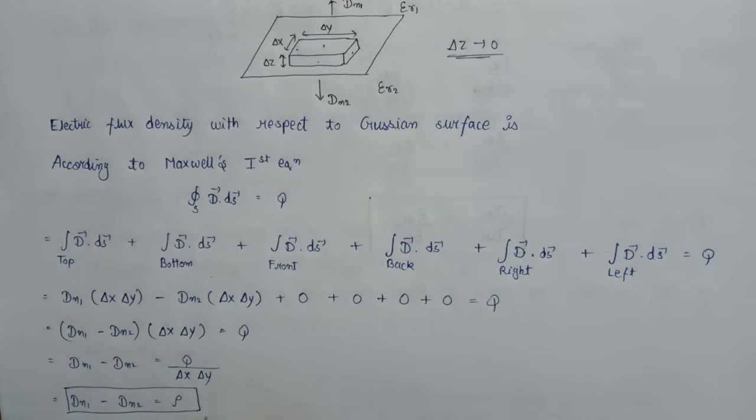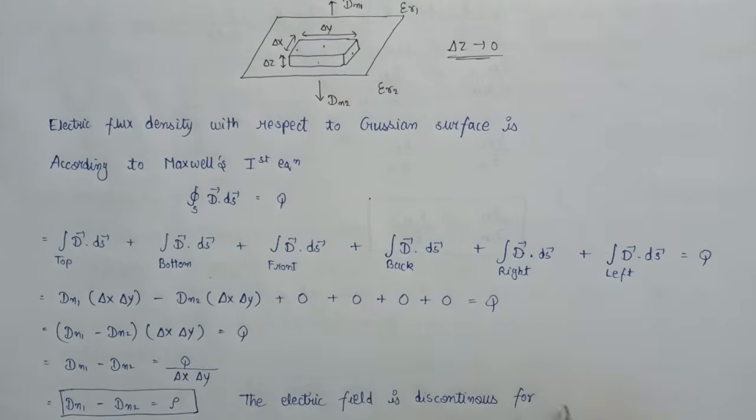And by analyzing this equation we can say that the electric field is discontinuous for the surface charge density. Electric field is discontinuous for the normal component.